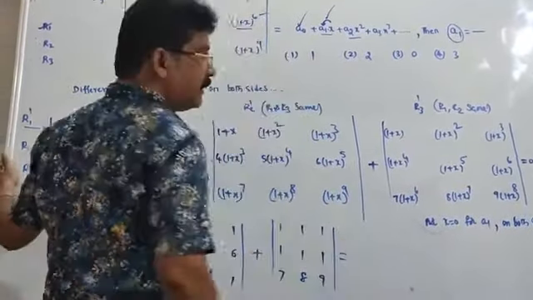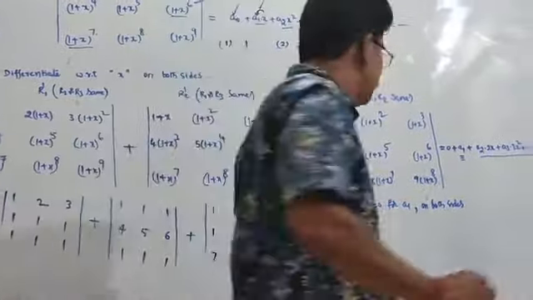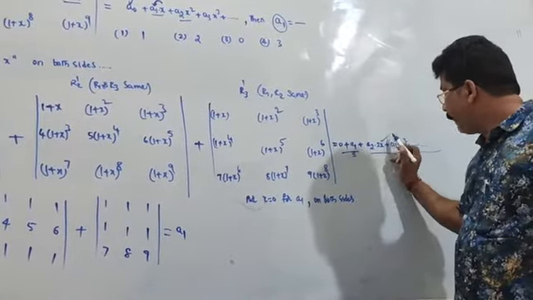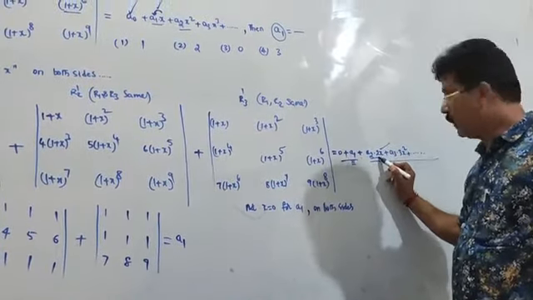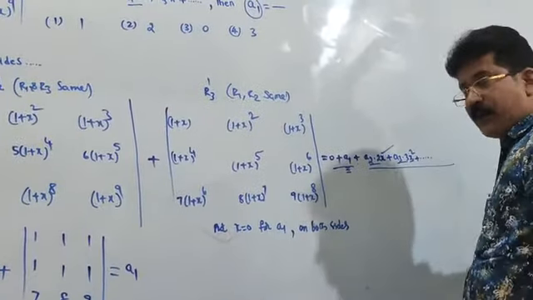That is equal to a1, 0 plus a1 plus x0, 0 into any finite value is 0, 0 plus 0 and so on.